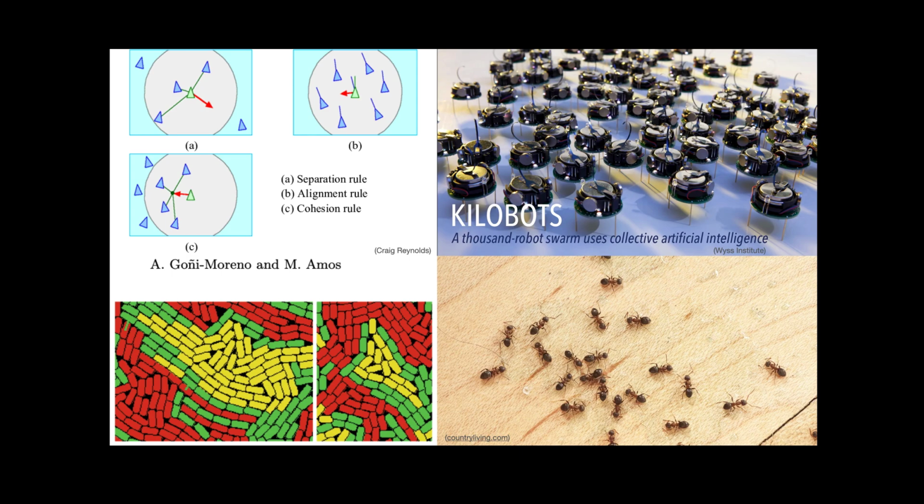And of course we're all familiar with the classic example of Craig Reynolds' Boids, but our group has recently worked on simulating collective behaviour in a range of systems, from swarm robots to bacteria and social insects. In all of these examples, agents may move around and interact with their environment and with one another, generally under the control of a movement model that defines the rules and constraints under which they must operate.